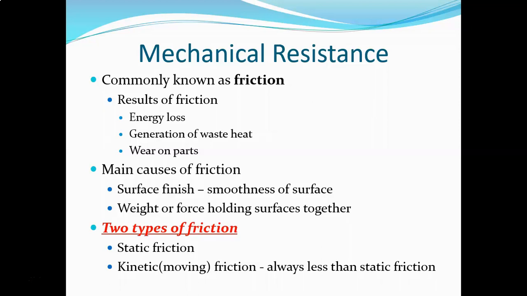But we'll say we're on a vinyl floor, which gives a pretty good amount of resistance to cardboard. So when you start to push that cardboard box across a vinyl floor, if you remember doing it, it's harder to get it started.